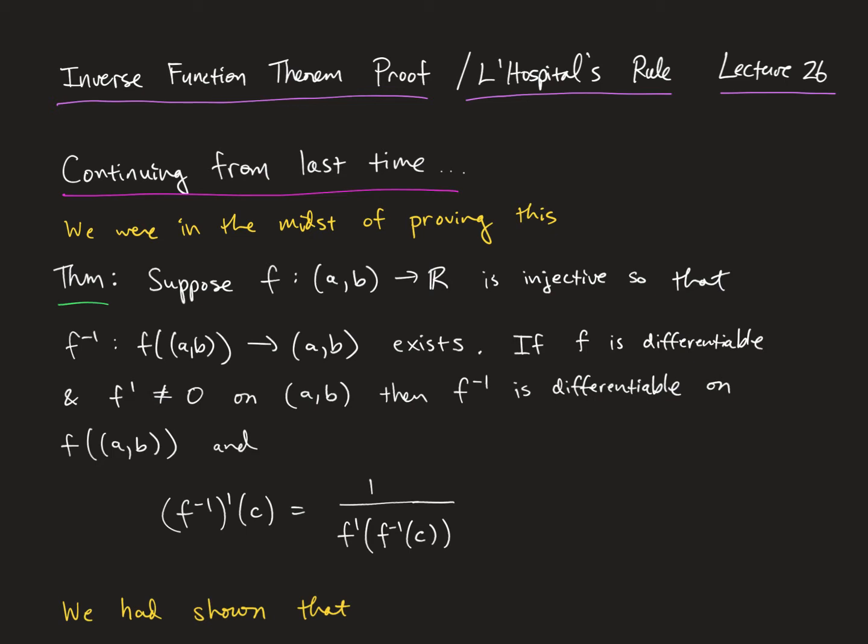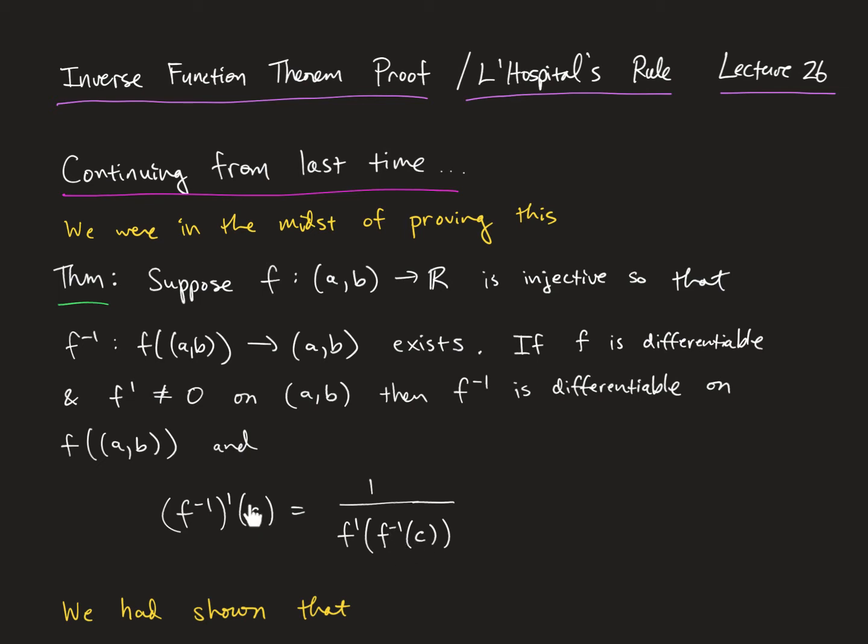Then the conclusion is that the inverse function is also differentiable on that image, and the derivative of the inverse is the multiplicative inverse of the derivative of the original function. And it's the derivative of the original function's multiplicative inverse when evaluated at the inverse point.